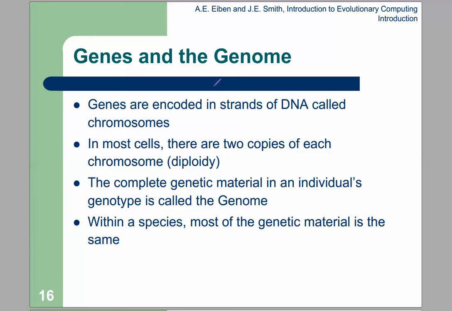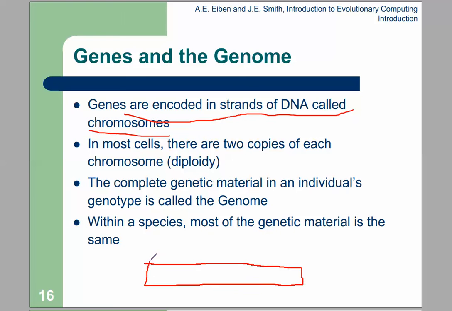And gene and genome. Genes are encoded in the chromosome. A collection of genes is a chromosome. A chromosome in, for example, an animal, in the human, in the vegetables, is a collection of genes.